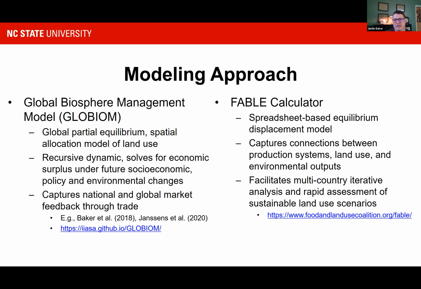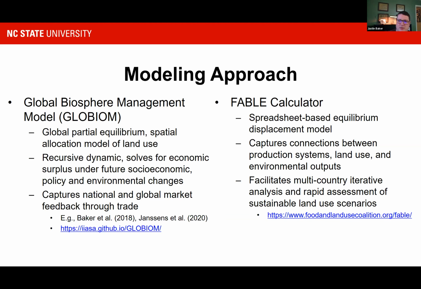We're able to capture both national and global market feedback through trade flows and through connections between markets and resource systems. The second model that we use is what I call the FABLE calculator. FABLE stands for Food, Agriculture, Biodiversity, Land Use, and Energy. There is a link here for anyone interested in learning more about the FABLE consortium. This is a spreadsheet-based model. It is an equilibrium displacement model that clears markets and maintains mass balance in the land use system, allocating land according to economic rules that are exogenously defined.